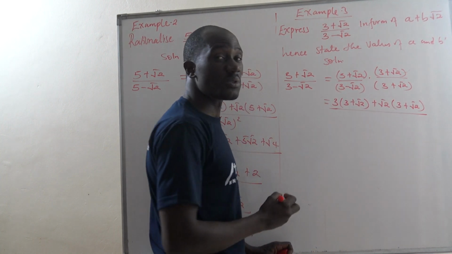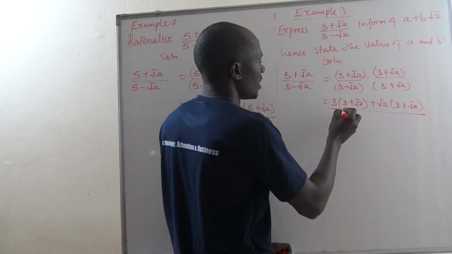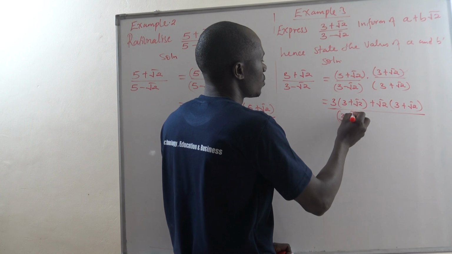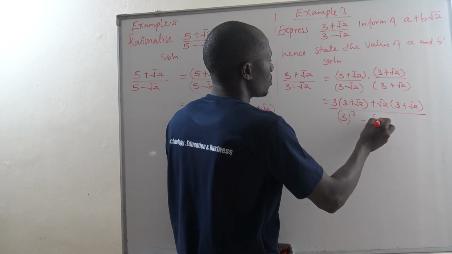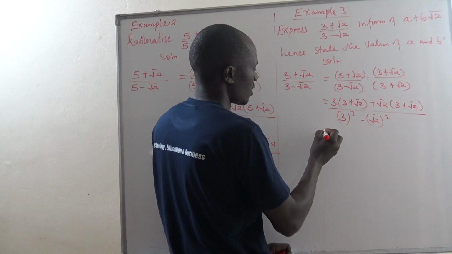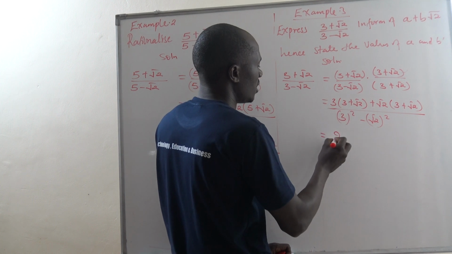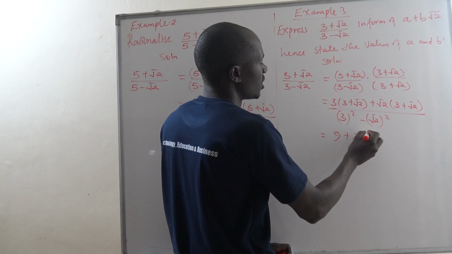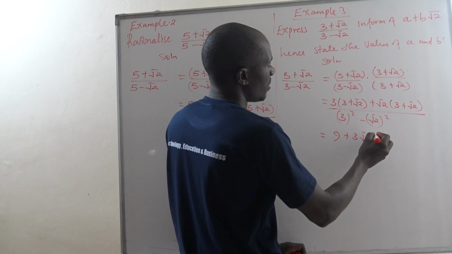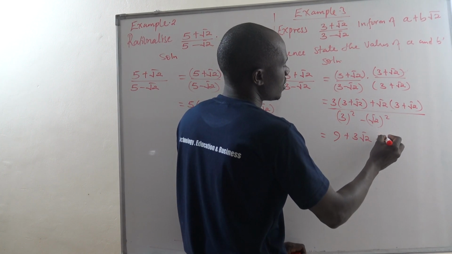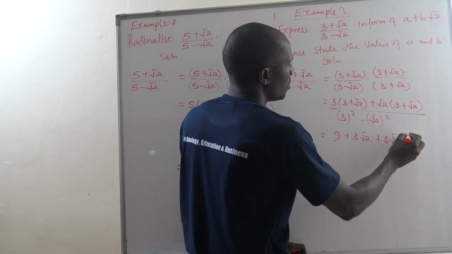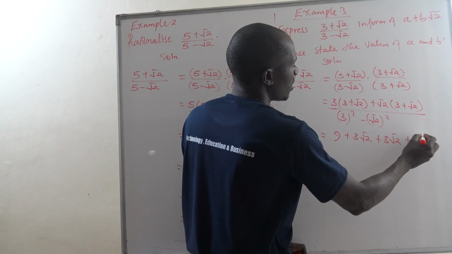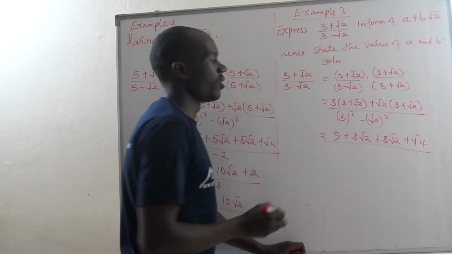This one is the difference of 2 squares. So this is 3 squared minus root 2 squared. This becomes 3 times 3, we are getting 9, plus 3 times root 2, we are getting 3 root 2, plus root 2 times 3, we are also getting 3 root 2, plus root 2 times root 2, we are getting root 4, all over.